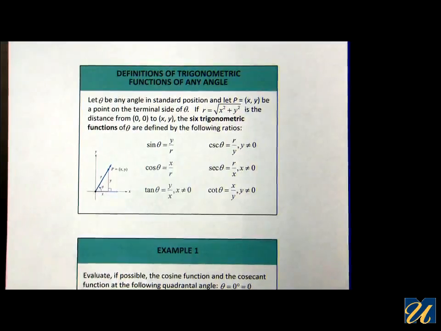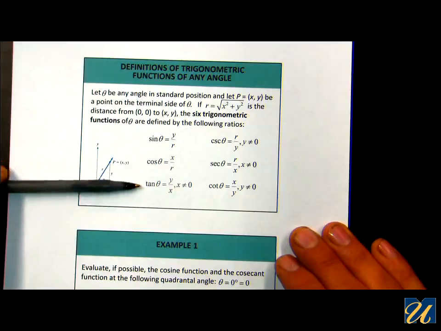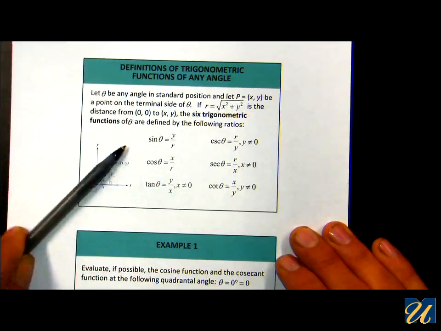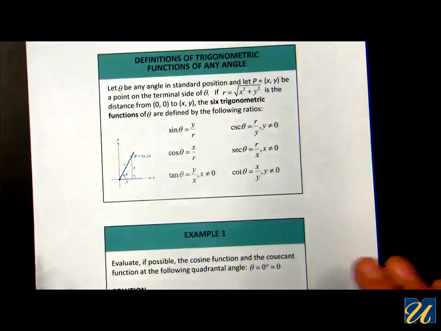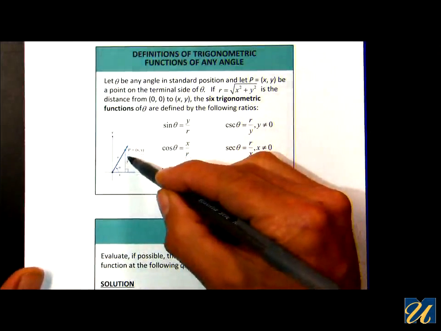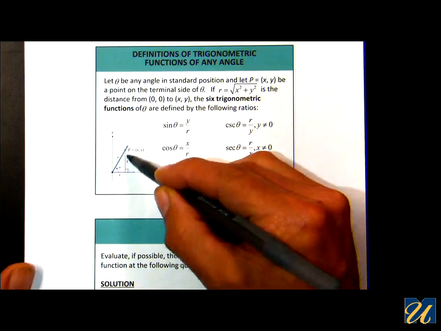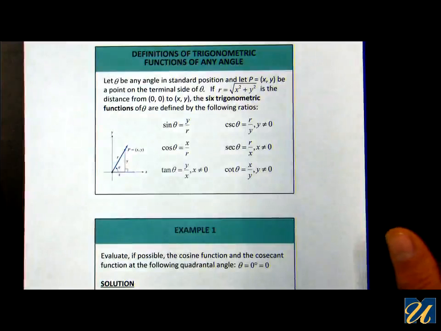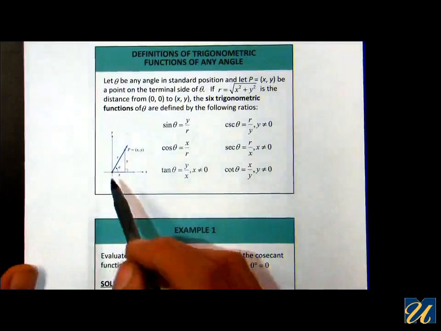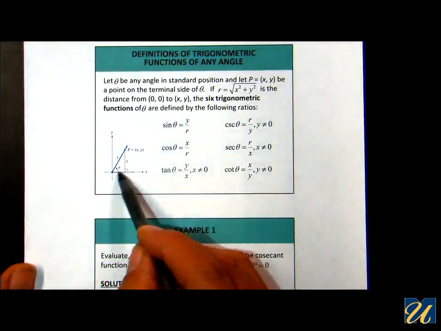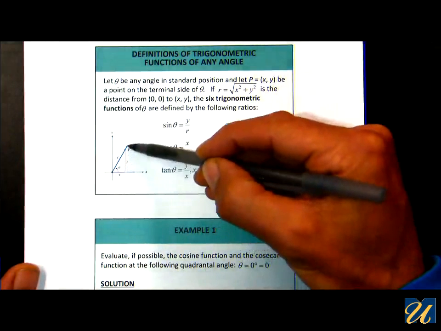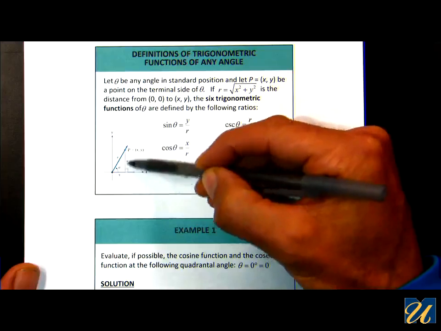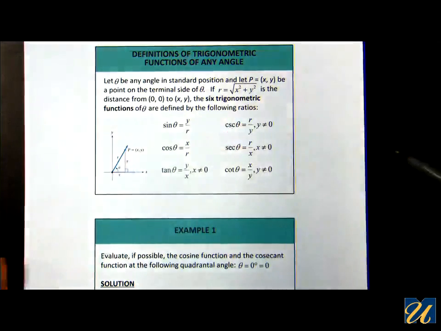Here, instead of starting on the positive x-axis and sweeping at an angle in the positive direction, we always form the right triangle by drawing a perpendicular to the x-axis, and that defines a right triangle. Given that we have a right triangle, this length here, since it lies on the x-axis, will be the x length. The height here, the length of this segment, is given by the y coordinate.